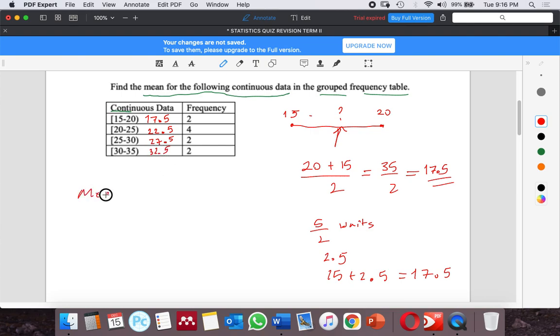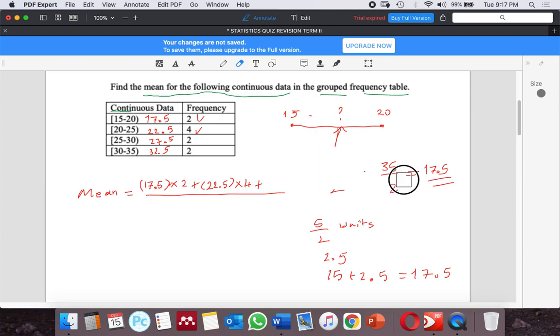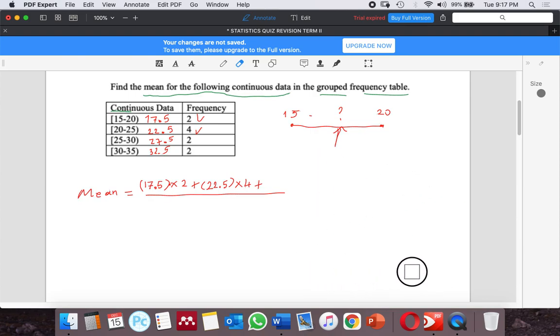And then to find the mean, we will do this calculation. 17.5 multiplied by 2, plus 22.5 multiplied by 4, plus 27.5 multiplied by 2, and finally 32.5 multiplied by 2.